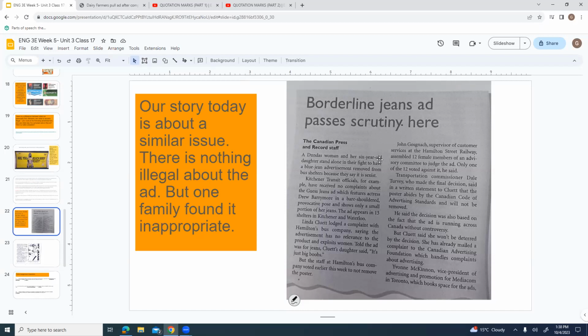The ad appears in 13 shelters in Kitchener and Waterloo. Linda Cluett lodged a complaint with Hamilton's bus company, saying the advertisement has no relevance to the product and exploits women. Told the ad was for jeans, Cluett's daughter says, "But it's just big boobs." But the staff at Hamilton's bus company voted earlier this week to not remove the poster.